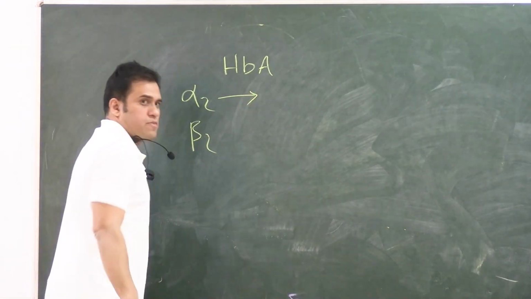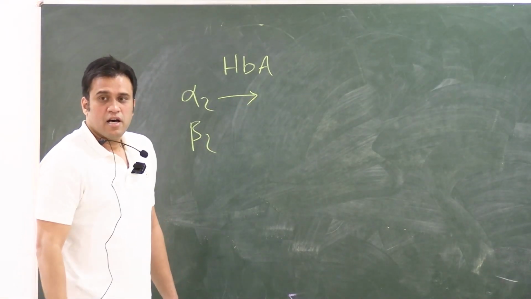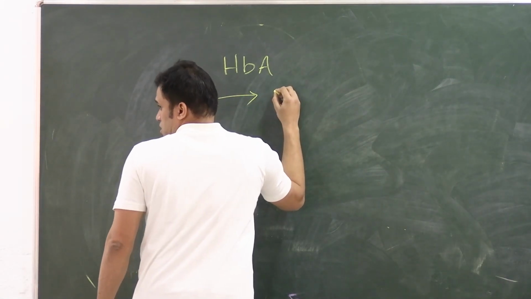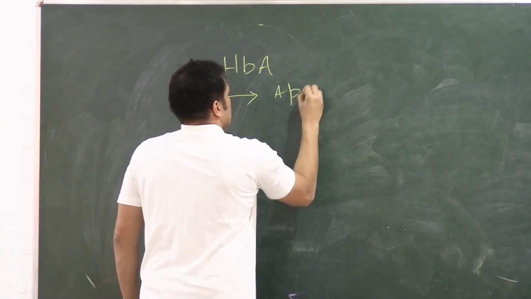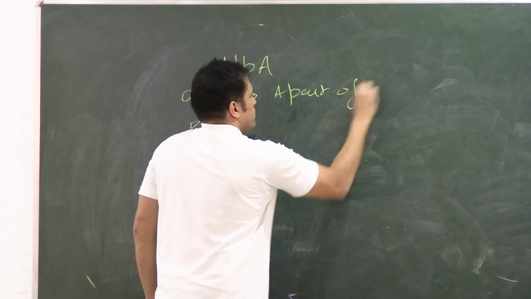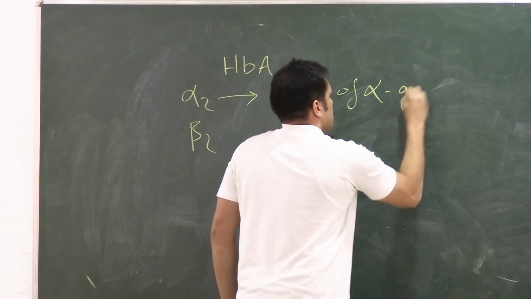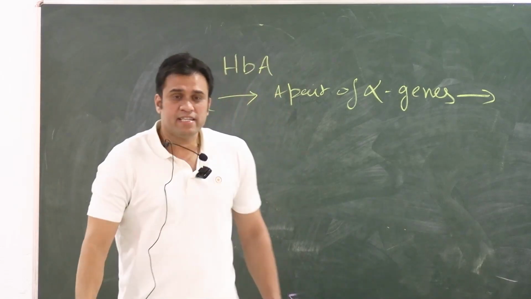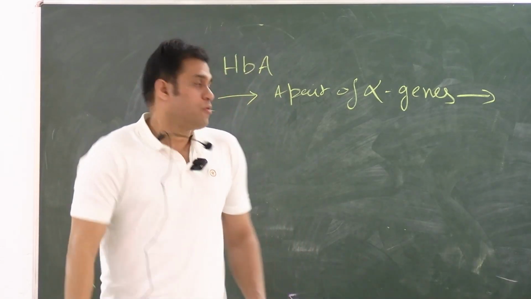Alpha chain is encoded by what? A pair of alpha genes. Where it is located? Chromosome 16.